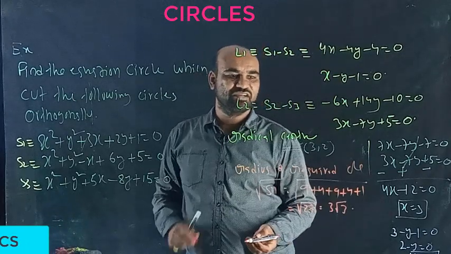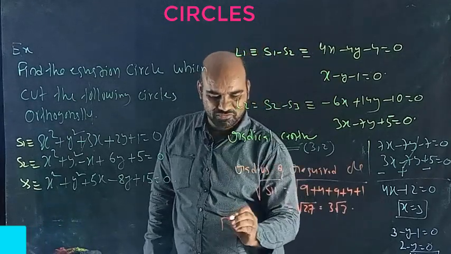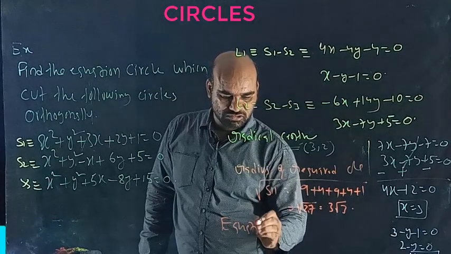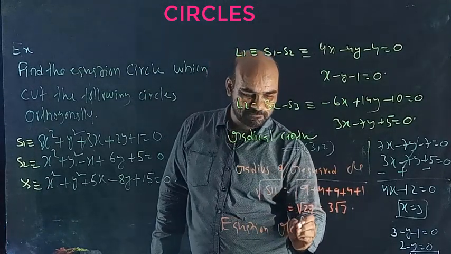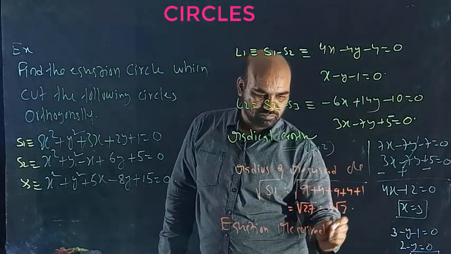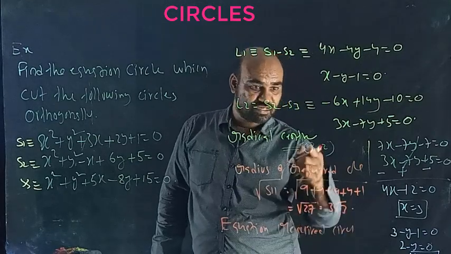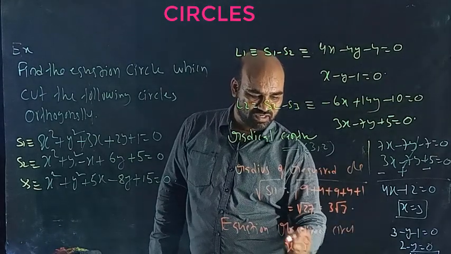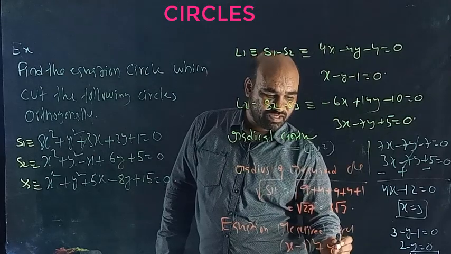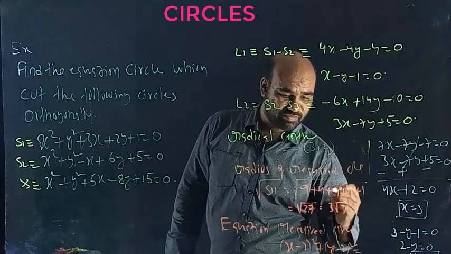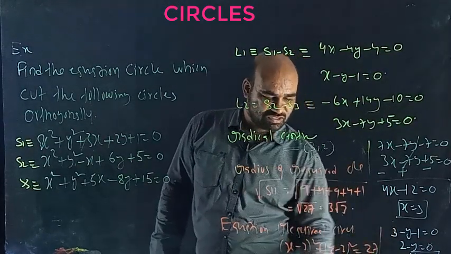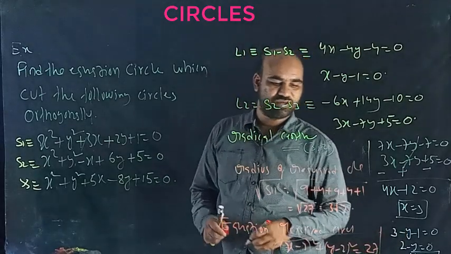Now we can find the equation of the required circle. The center is (3, 2), so x minus 3 whole square plus y minus 2 whole square equals r squared, which is 27. So this is the equation of the required circle.